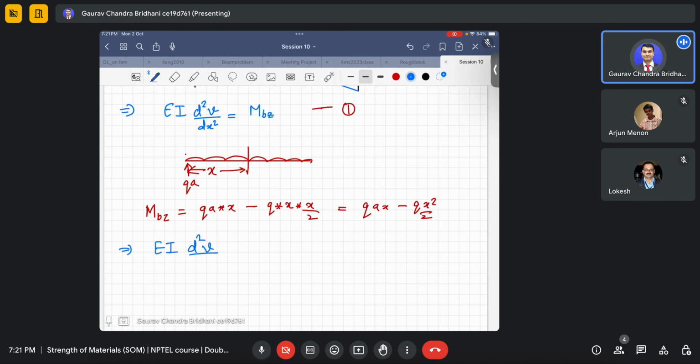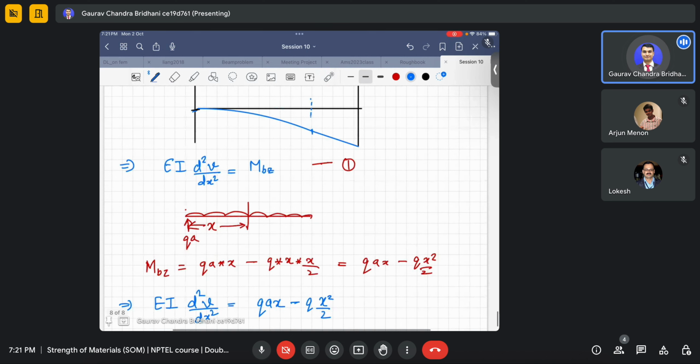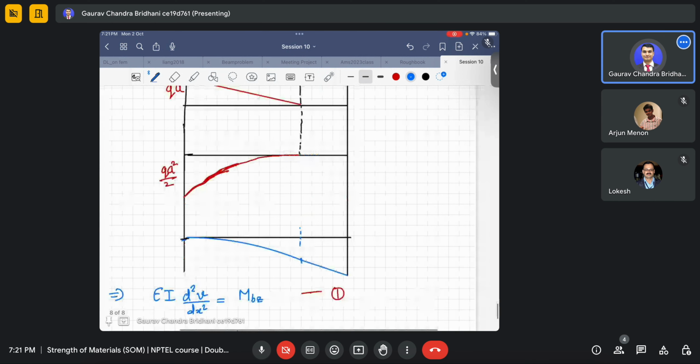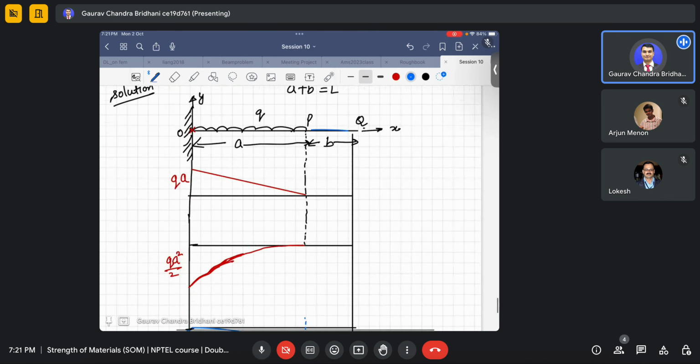We are not taking any case where E or I varies. So QAx minus Qx square by 2. And you know that the bending moment is 0 past point A, after this point the bending moment is 0. So I am just writing this equation for the vicinity of x.